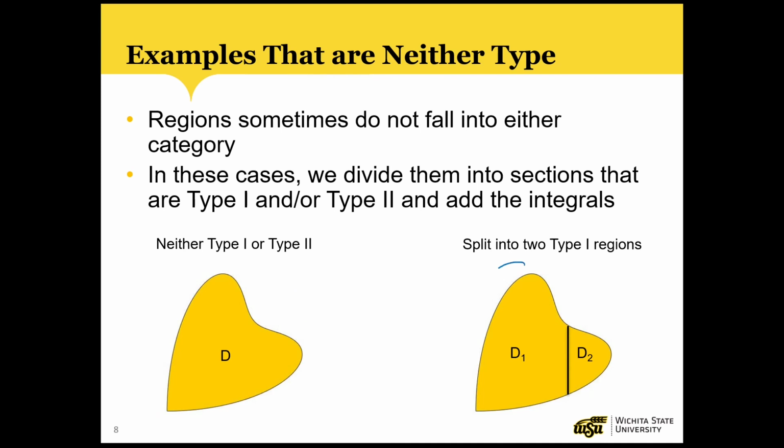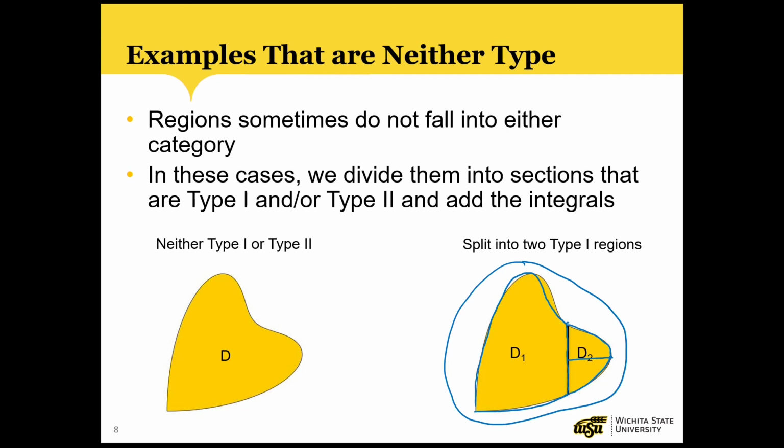However, if we look at this right-hand picture with this vertical line drawn here, we can see pretty clearly that D1, the left half, is a type 1 region, and D2 also is a type 1 region.